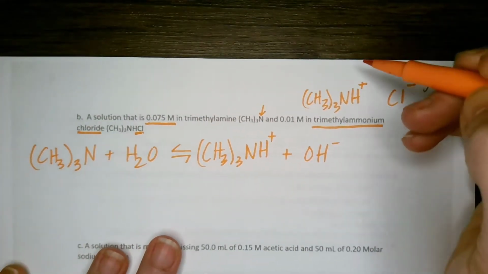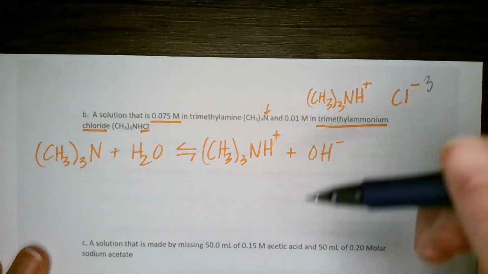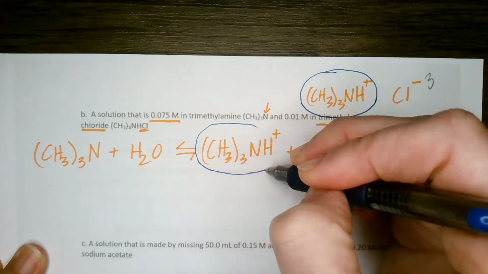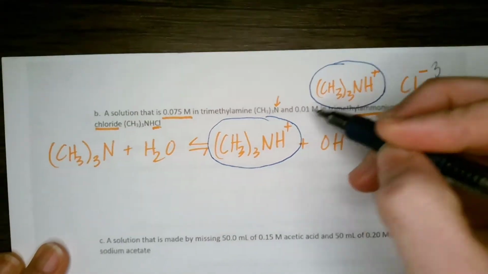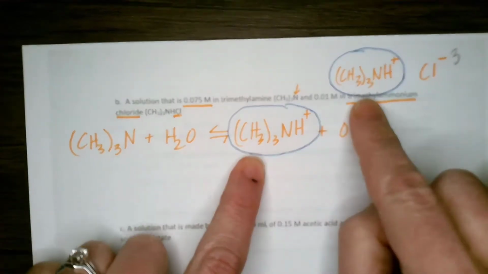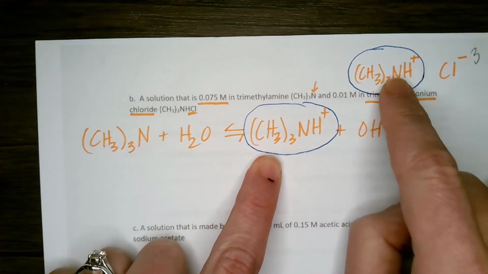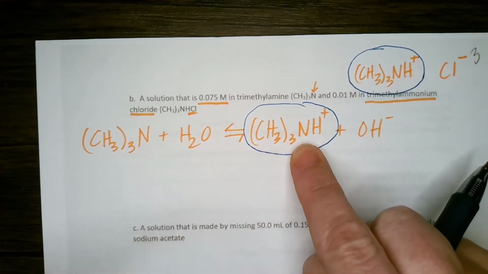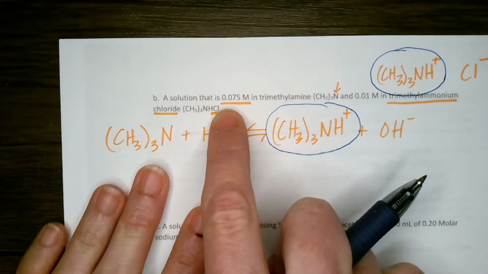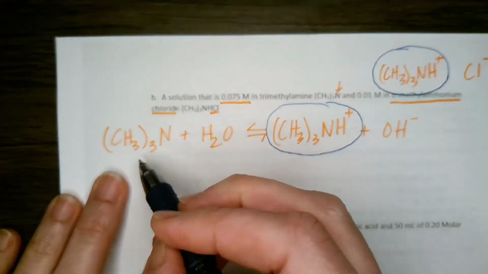So this NH will be a plus, and then we'll have our Cl minus. And we can see the common ion here. These are the common ions. So we are going to have extra of our trimethylammonium ions.